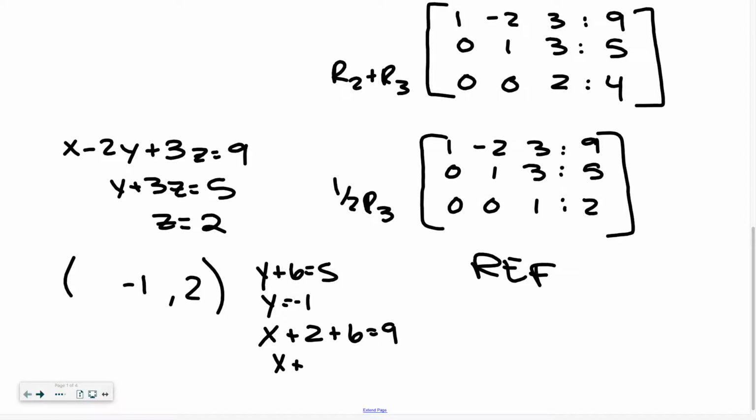So x plus 8 equals 9. X must be a positive one. Okay. And this solution works for the 3 equations that you have here in row echelon form, 1, -1, 2.